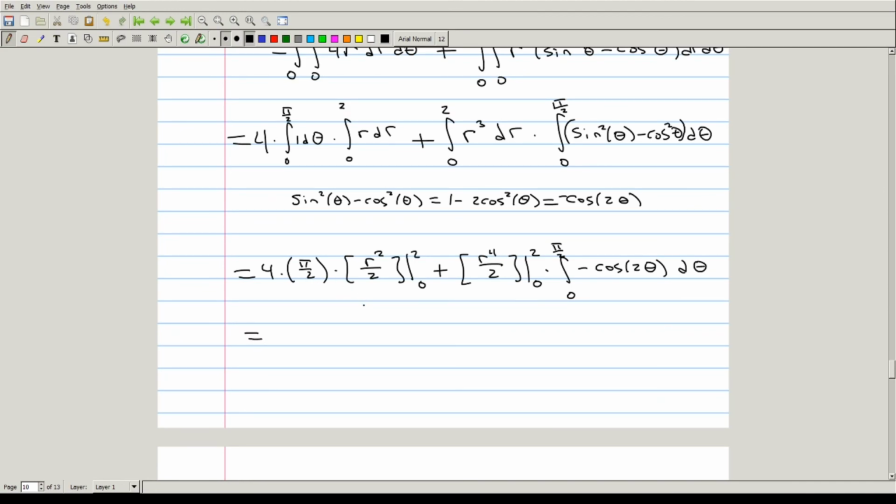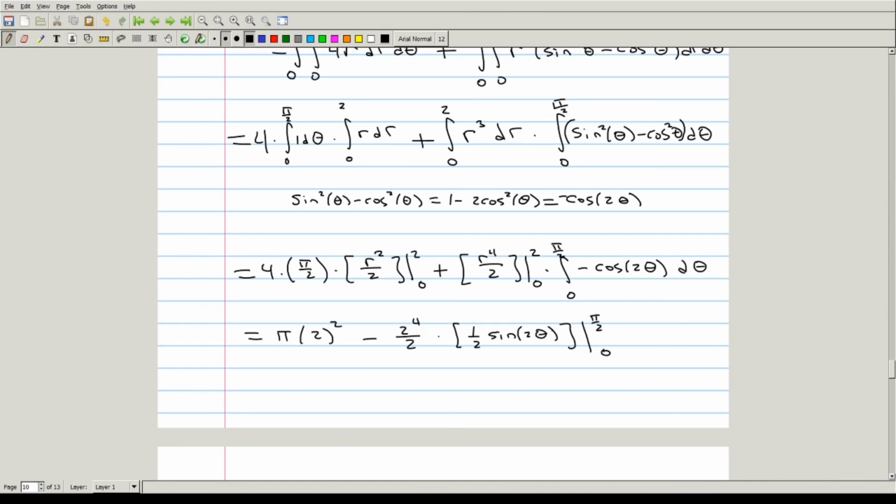And thus this will be equal to, well, 4 divided by 4 is 1. This is pi times 2 squared plus 2 to the 4th divided by 4 times, and this is actually negative, there's a negative sign here, the integral of cosine 2 theta, which is 1/2 sine of 2 theta, evaluated at pi over 2 and 0.